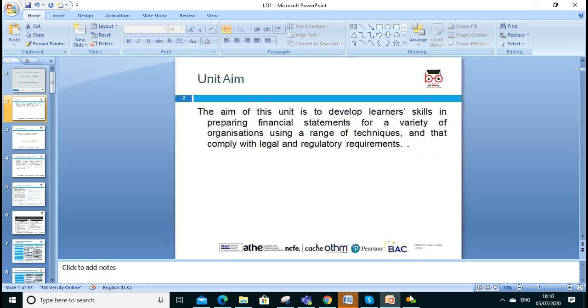This unit aims to help the learner develop your understanding of financial statements, a range of techniques, and different regulatory frameworks that we are supposed to understand when we make any decision based on financial information.